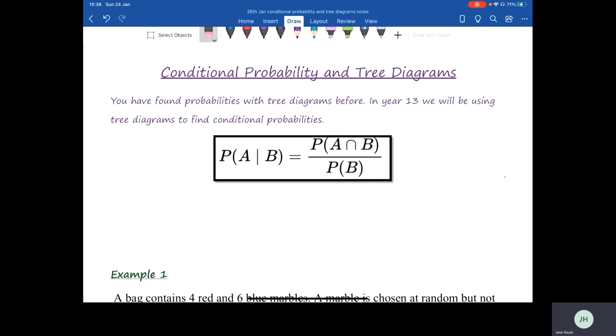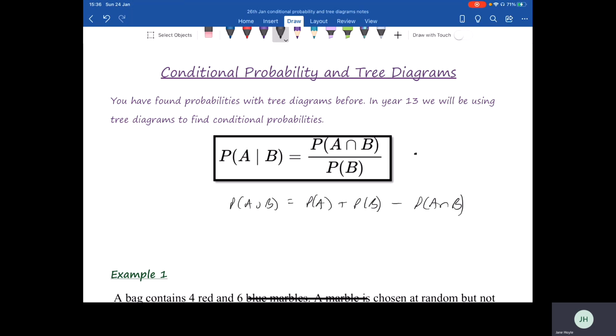This formula, however, is given to you on the formula sheet. Just looking now, you have got a section with statistics. You've got the probability of A union B being equal to P(A) plus P(B) minus the probability of the intersection. So you're given that one, and then you're also given this one just beneath it.